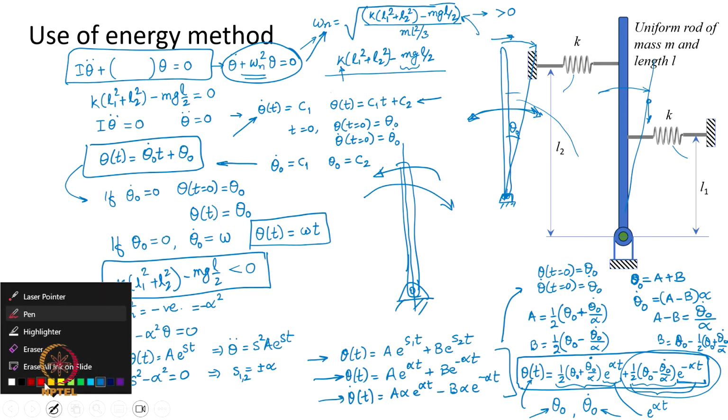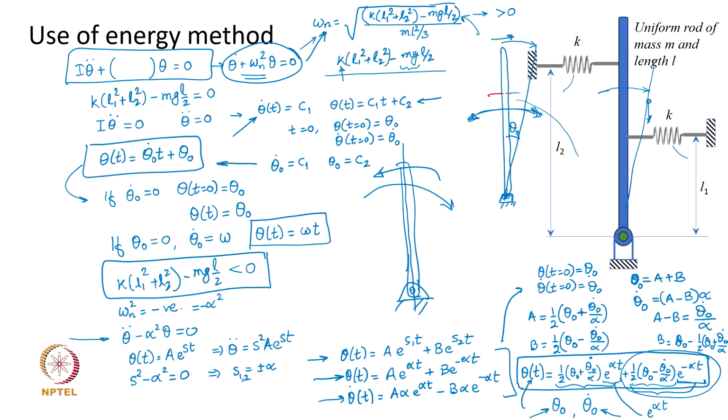So, this is the case of an unstable vibratory system: with whatever initial conditions you give, theta naught or theta naught dot, the response is always going to be unstable. This is the concept of stability in this particular context, even in the case of the undamped vibratory system.